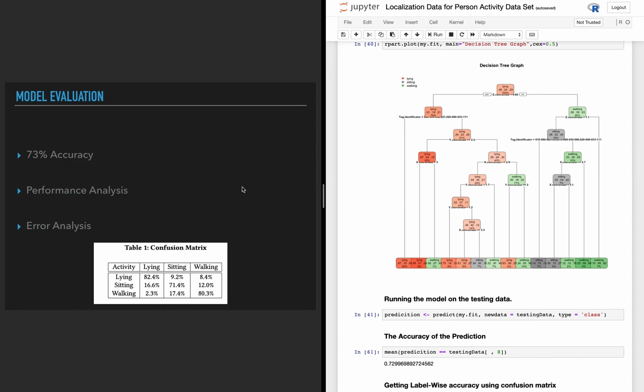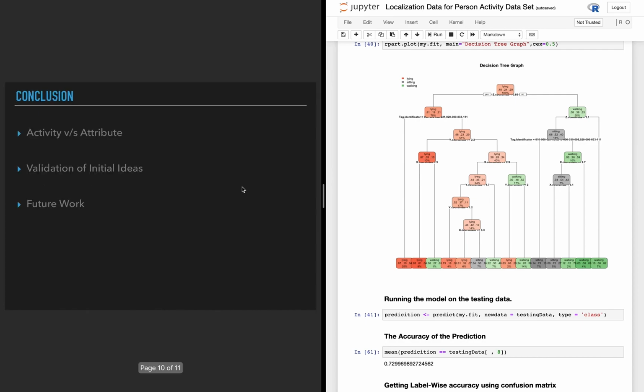Finally, let's summarize what we just saw. We saw how each activity varies with the attribute, mainly through the box plots of the activities and attributes.